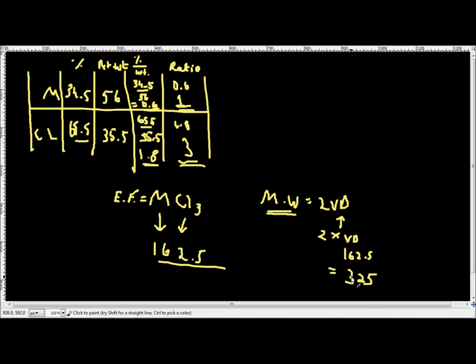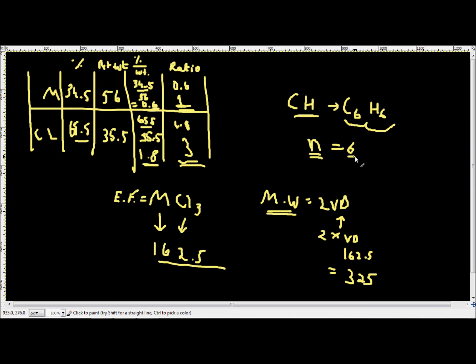Now when you have an empirical formula, let's take CH for example, and you have C6H6. CH is the empirical formula of C6H6. Now the molecular weight, which is the weight of benzene C6H6, upon the empirical formula weight, which over here is the weight of CH, is a variable called N. It's always molecular weight upon empirical formula weight, and when you get this value, in this case it will be 6.